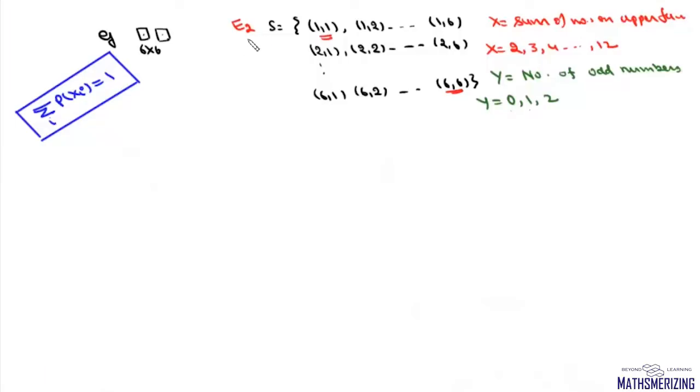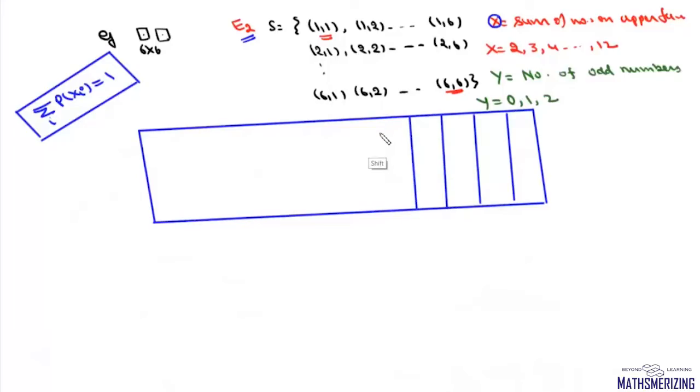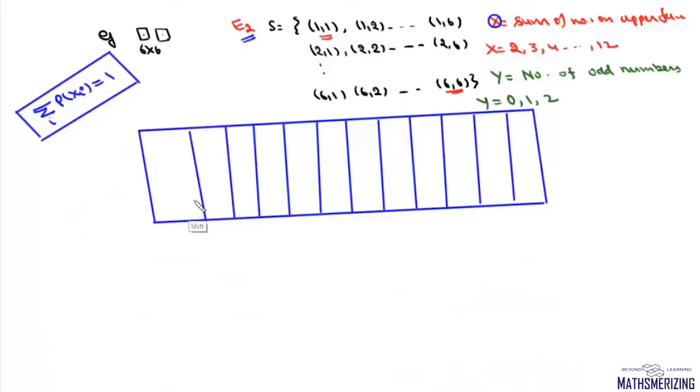Now we'll find the mean and variance for this second random experiment A2, for this random variable x. Now we'll draw its probability distribution. So it will be 12, 11, 10, 9, 8, 7, 6, 5, 4, 3, and 2.